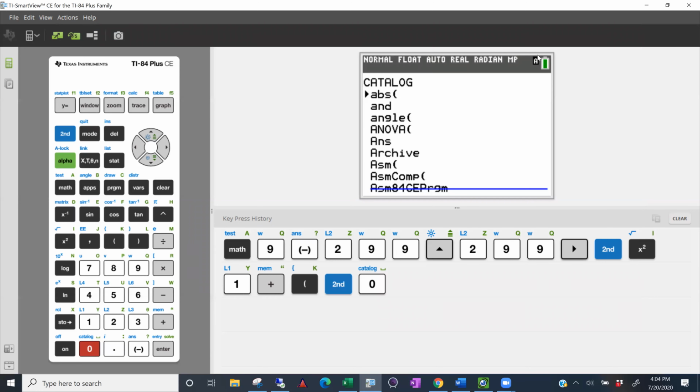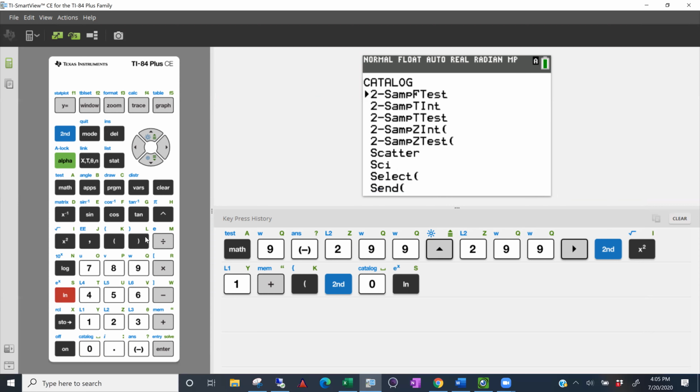So there's a little shortcut though. In the upper right-hand corner, you see that letter A? That means somebody's already pressed the alpha key for you. If you wanted to jump down to the S's, you could, just by pressing the LN key. And that'll jump you all the way down to the S's. And now we can scroll down from there until we find the hyperbolic sine.